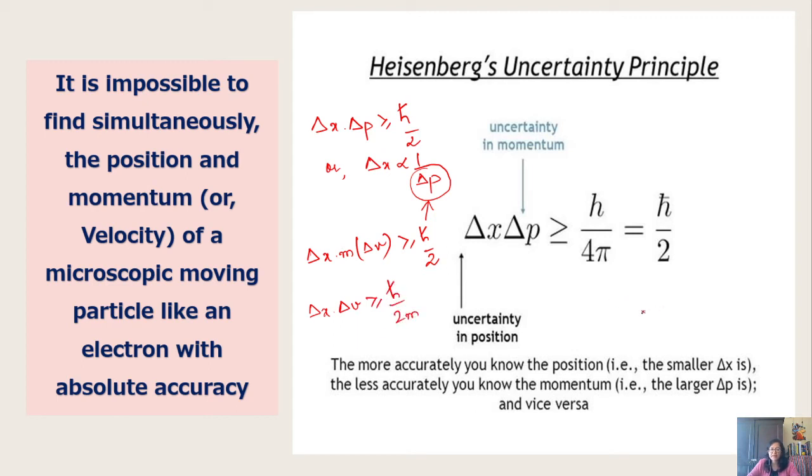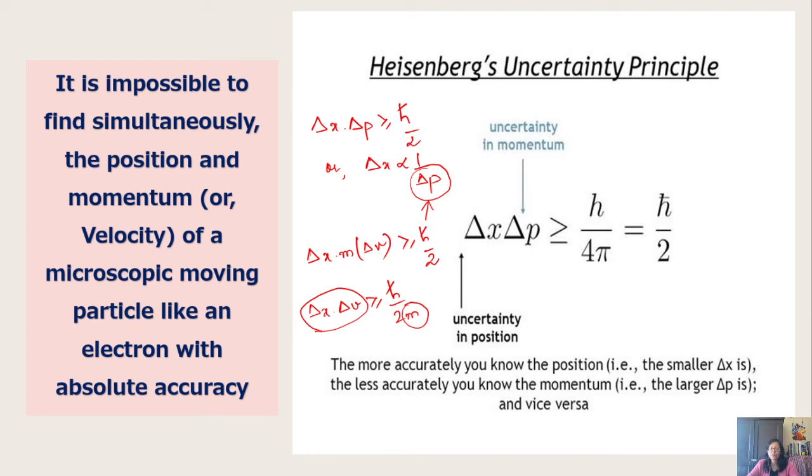And this implies that if the mass of the object is very large, then uncertainty in position and momentum measurement will be quite small. And the smaller the uncertainty is, the more accurately we can measure it. So that means for heavier objects, it is possible to measure the position and momentum while they are moving with absolute accuracy.